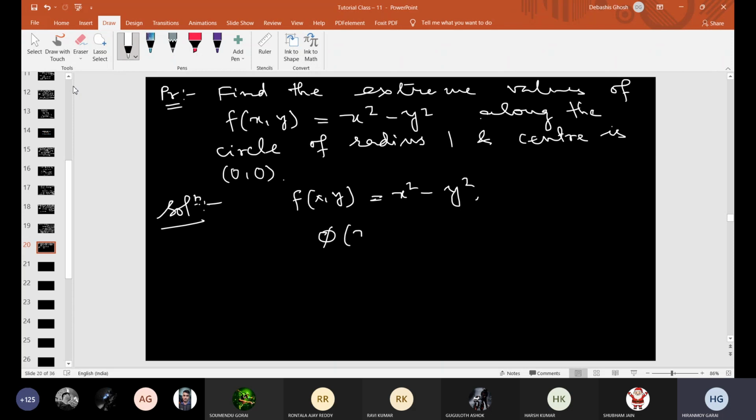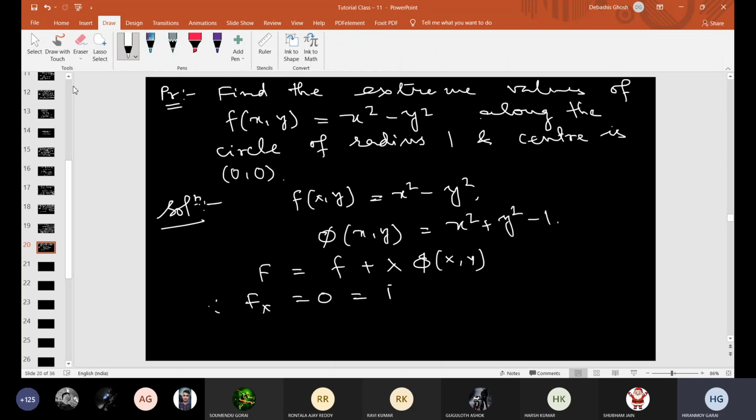So we can consider phi xy equals x square plus y square minus 1. So f is equal to f of xy plus lambda phi xy. So for the extremum point, fx equals 0, fy equals 0 and f lambda equals 0.